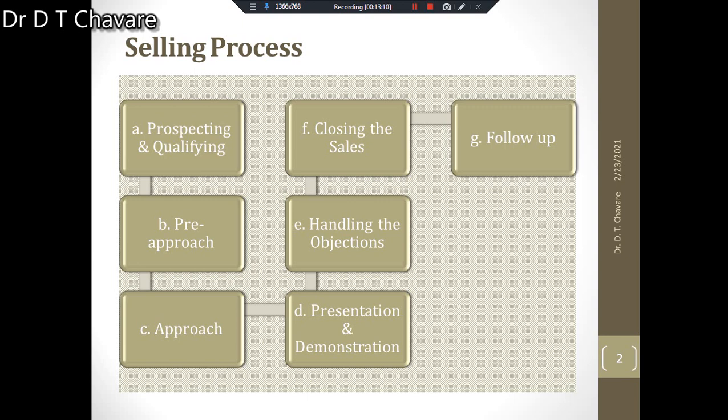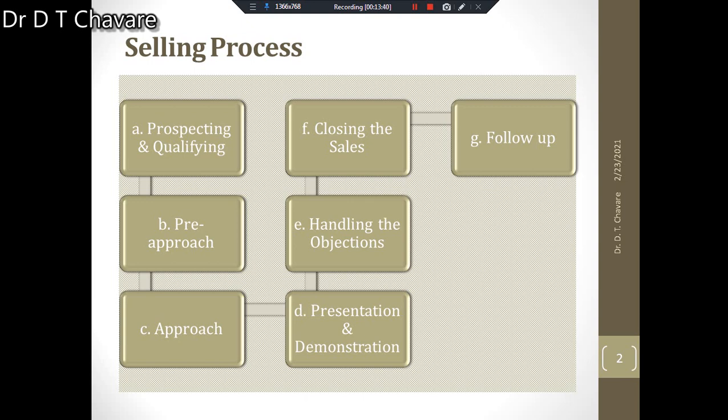So a salesman should encourage the customers to speak out about his product, his doubts, his objections, his queries, his problems, and should treat objections as an opportunity to provide more product information, and thus convert the objections into reasons for the buyer to buy. This is also a very important stage in the sales process.